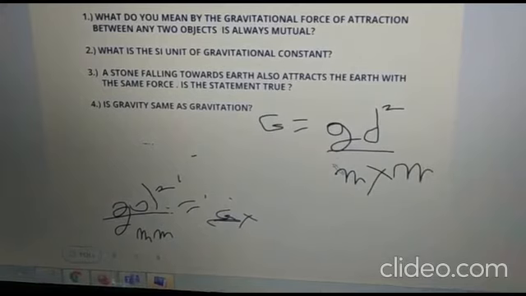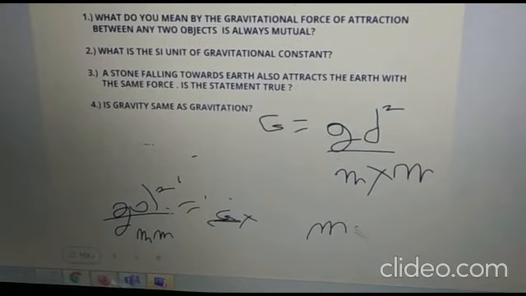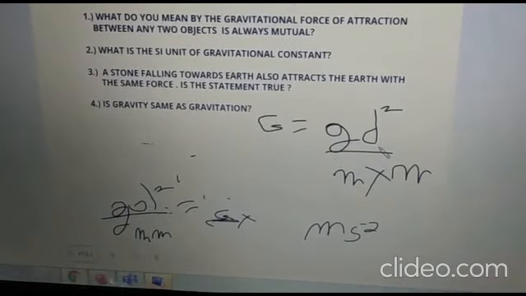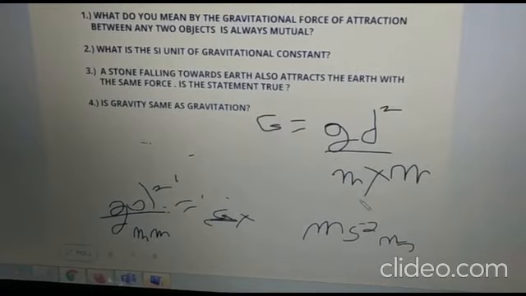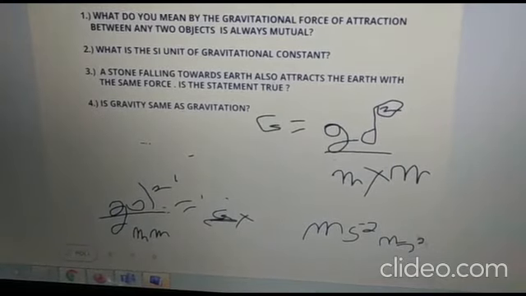First tell me the unit of small g. The unit of small g is meter per second square. Now the unit of distance is meter, and since the distance is squared, we write it as meter square.